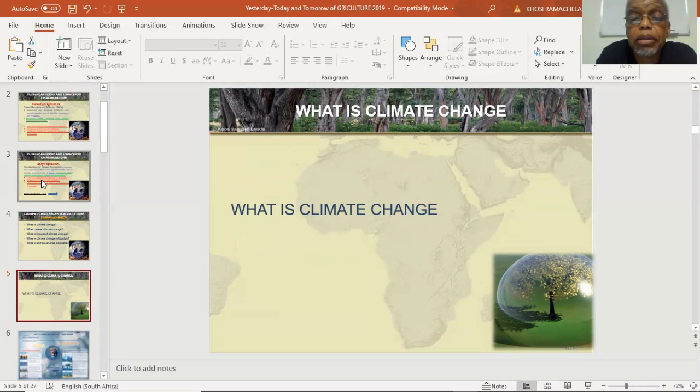as experienced by humans. It disrupts the normal habitat of human beings, in terms of where we live, how we cultivate, and our environmental factors like availability of water, or consistency in availability of water. And this occurs as a result of the creation of a blanket around the earth, as you see depicted here.